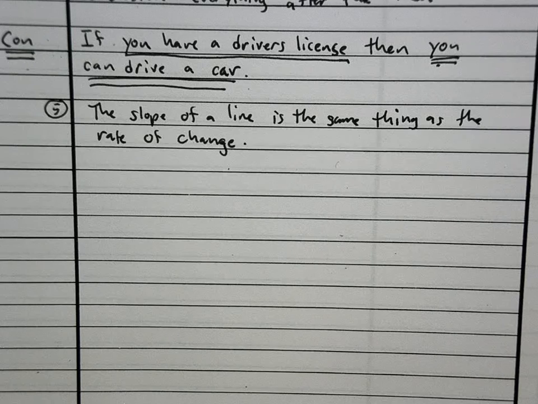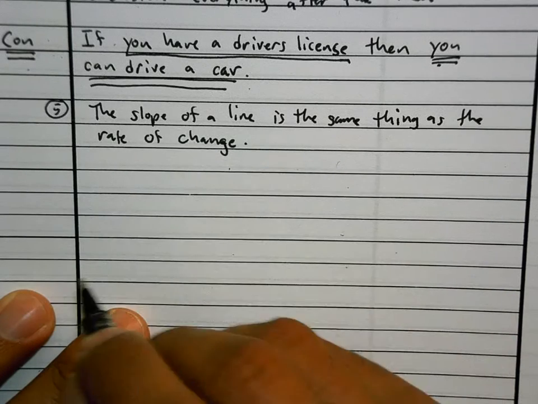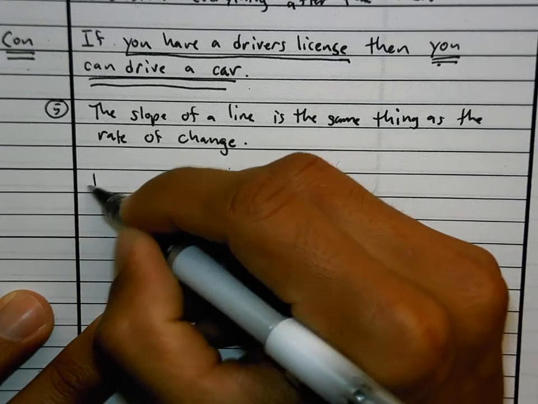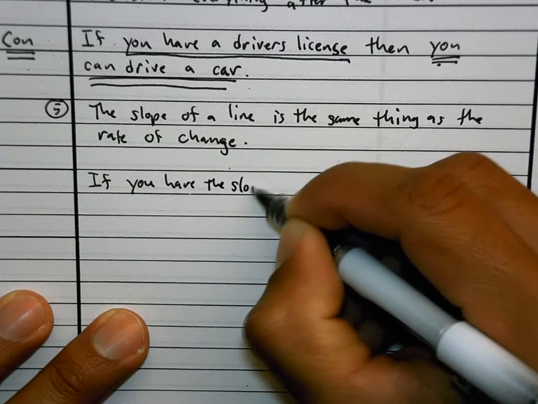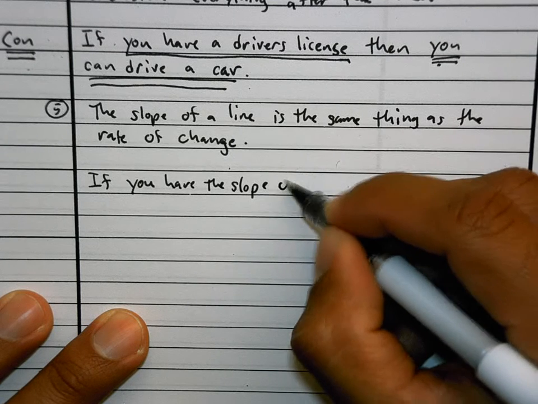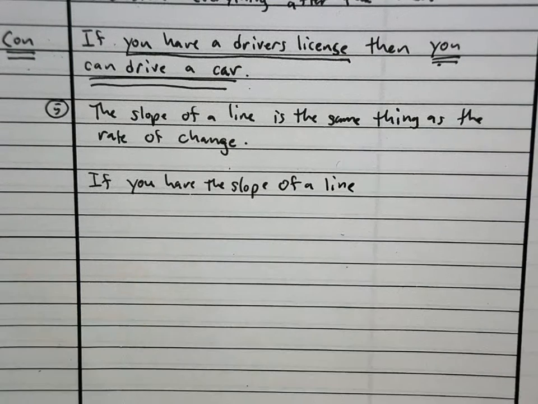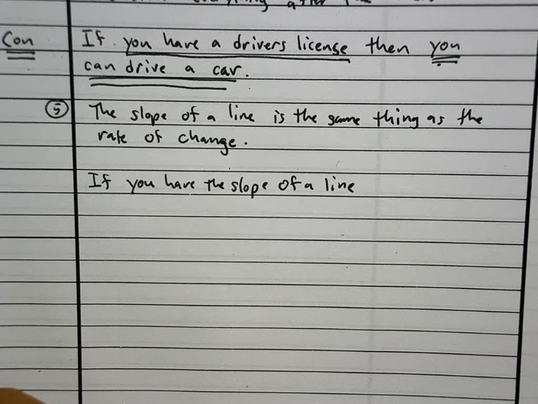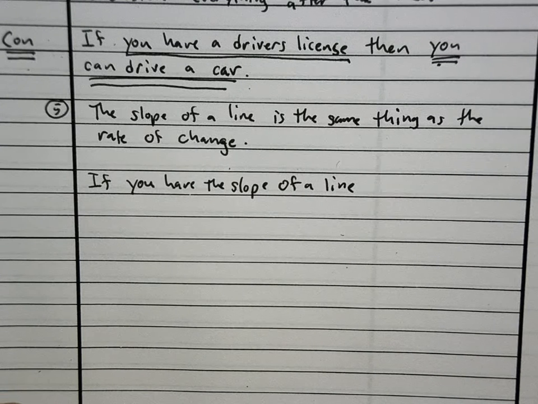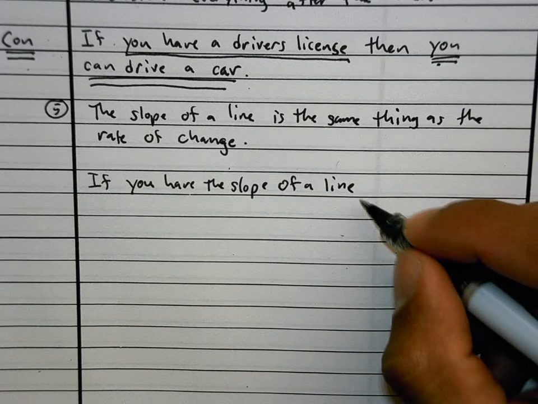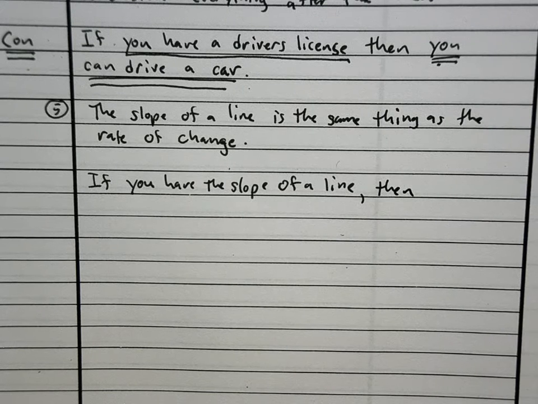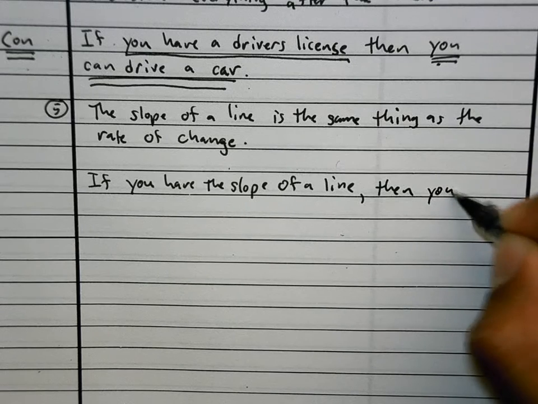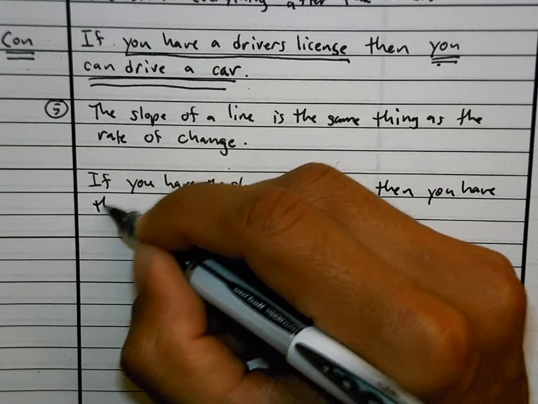So let's start by rewriting. If you have a slope of a line, comma, then you have the rate of change.